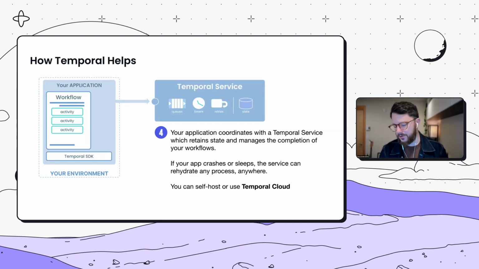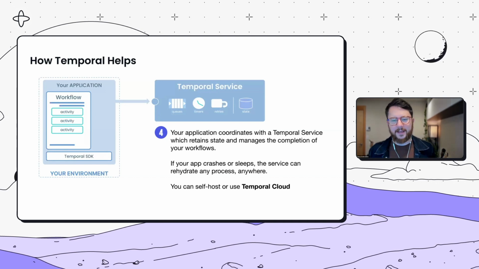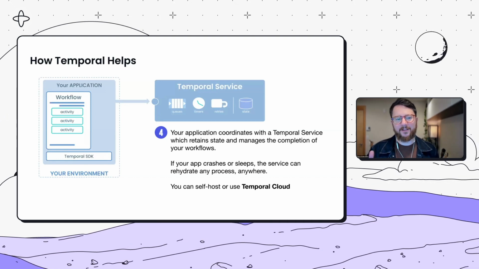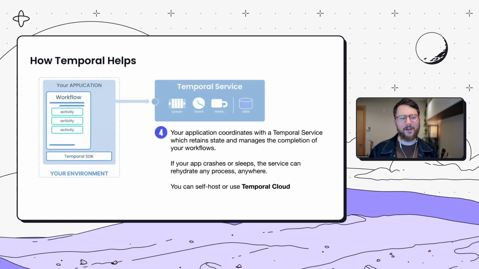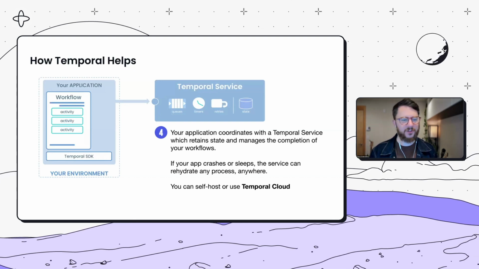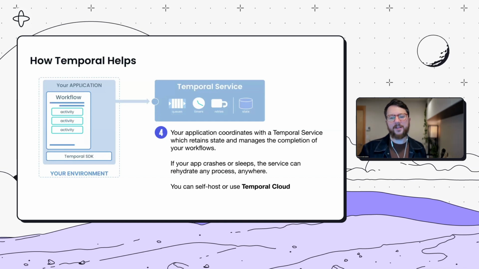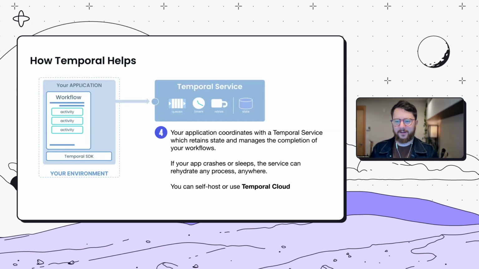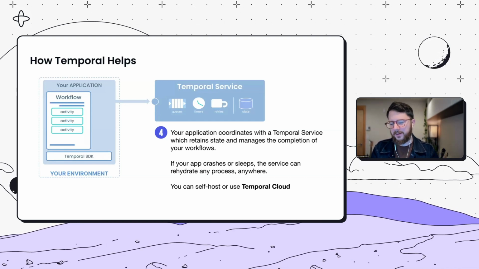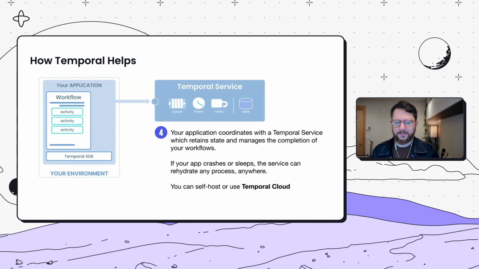And this is a massive value proposition of Temporal. It means that workflows are durable beyond any individual process executing them. So it can survive any worker crashing, any worker dying, any infrastructure under it going down. That's true of your workers. And also the Temporal service, including Temporal Cloud, are both designed to be horizontally scalable and fault tolerant.